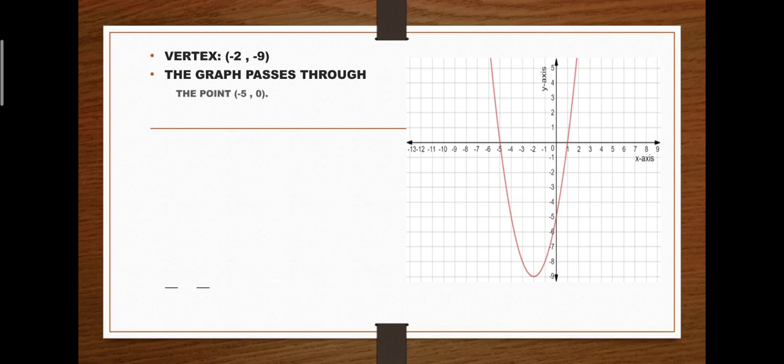Next is, the graph passes through the point negative 5 and 0. So, di ba ang graph, itong graph na to, ning pass through siya dito sa negative 5 and positive 1. So, it's up to you kung ano yung pipiliin nyo na point. It's either negative 5 or 1 and 0.